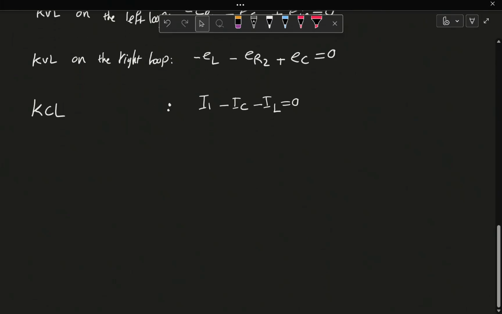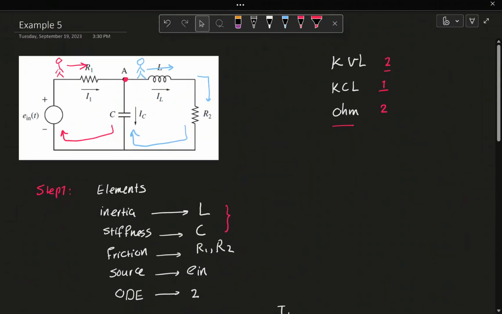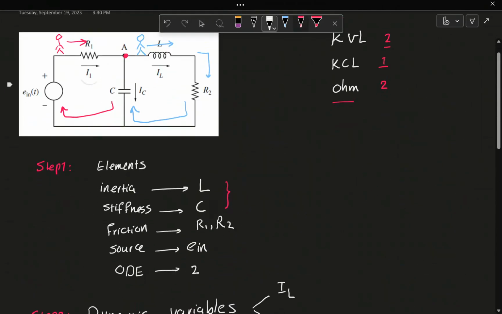Now at the end, I have the two Ohm's laws. So let's say Ohm's law first. You have ER1 equals R1 times the current that passes through R1. If you notice here, the current that passes through R1 is I1.